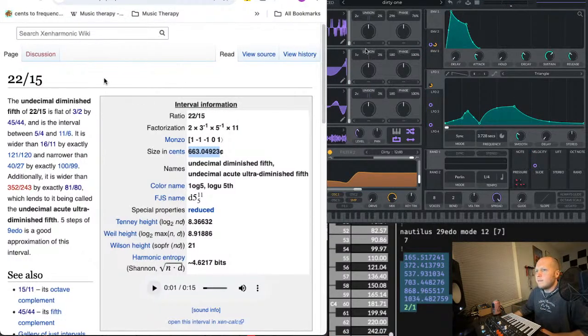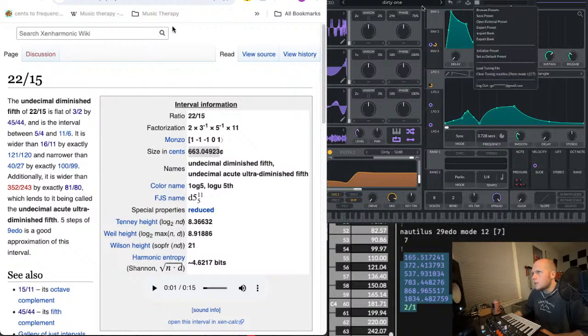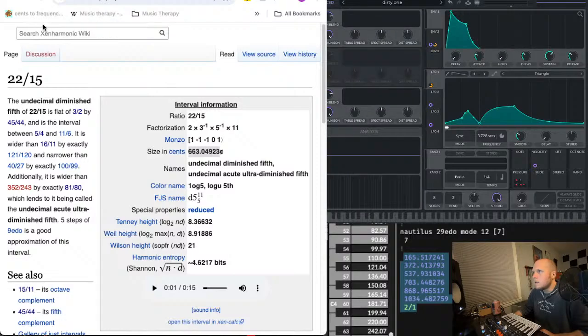Can I actually change how much that will, it's only going down a cent. Can you change that? It's not a big range. I don't know if you can change that. Advanced.